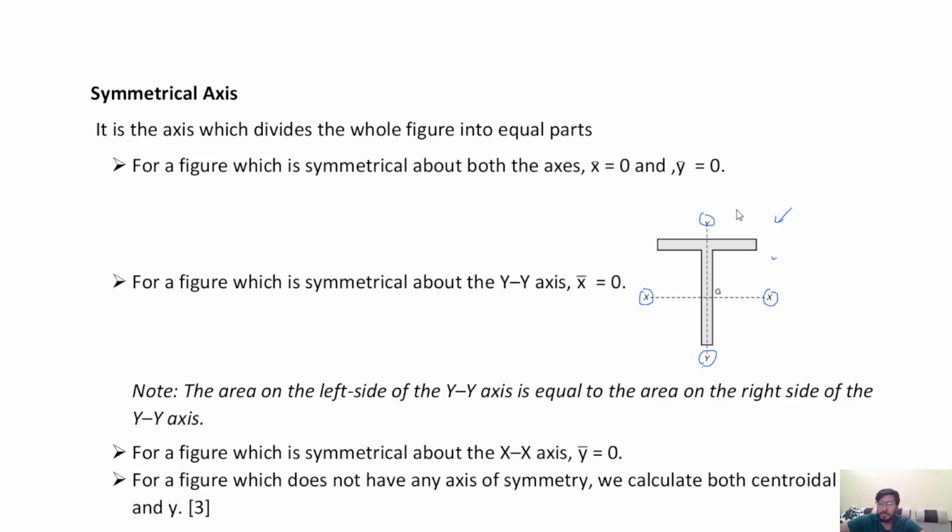So we conclude that this y axis is a symmetrical axis and the x axis is not.